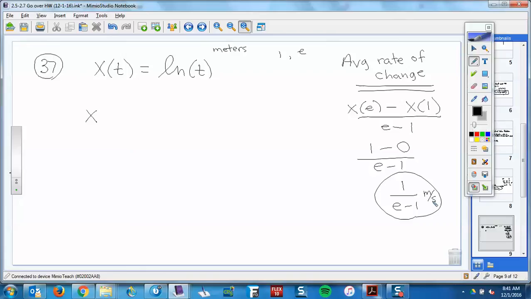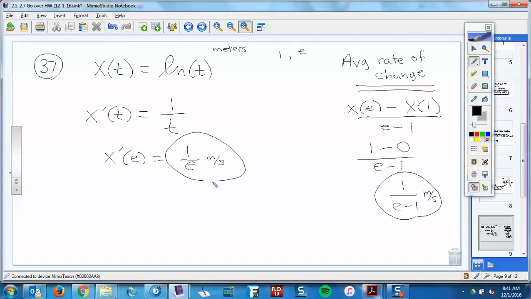Okay, for 37A. For B, the instantaneous velocity, now we need the derivative. Well, what's the derivative of ln t? 1 over t. And they want it when t is equal to e. So we plug in e, so that's x prime at e, and that would be 1 over e, in meters per second.